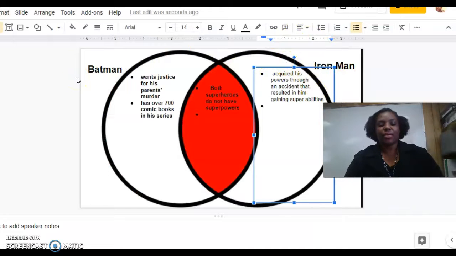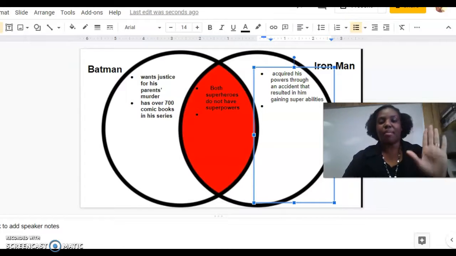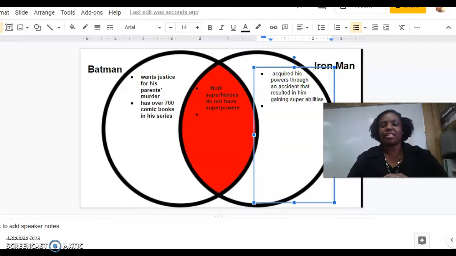Now you are going to go back to the passage, and you are going to figure out if the last 3 statements belong on Batman's side of the Venn diagram, in the middle, because it is for both of them, or on Iron Man's side of the Venn diagram.